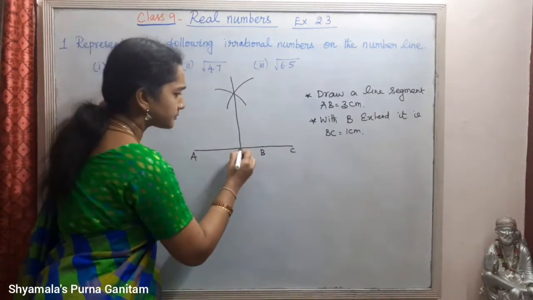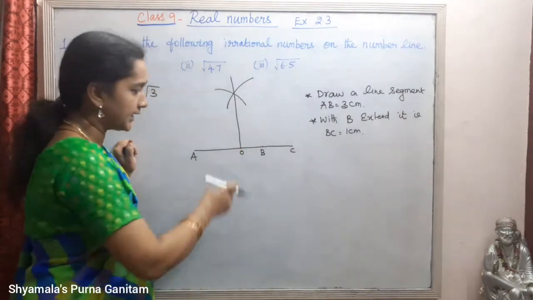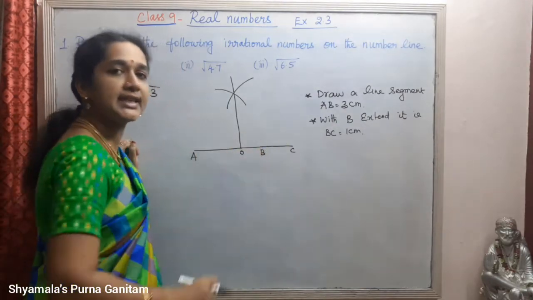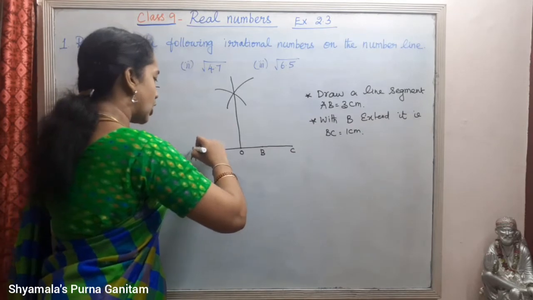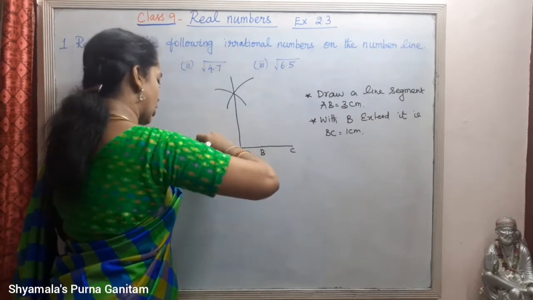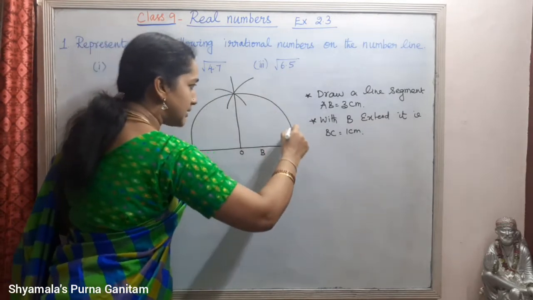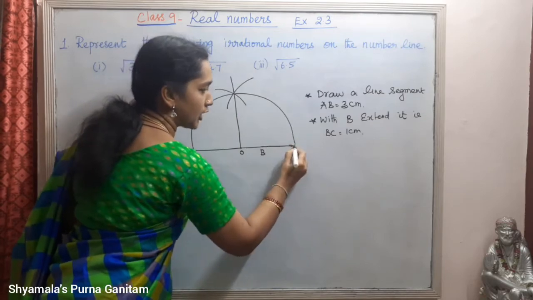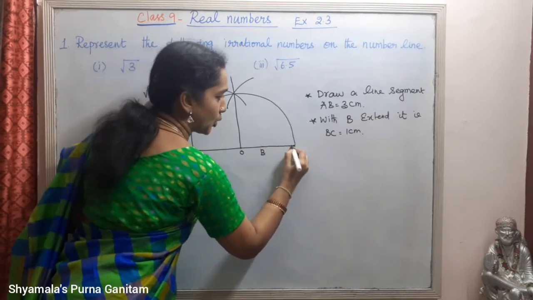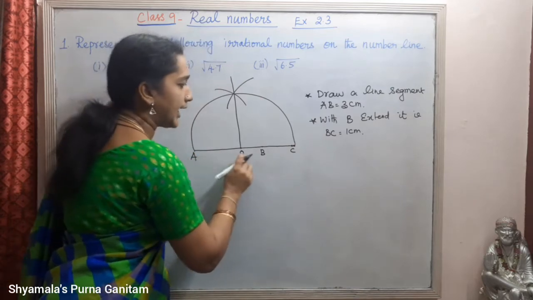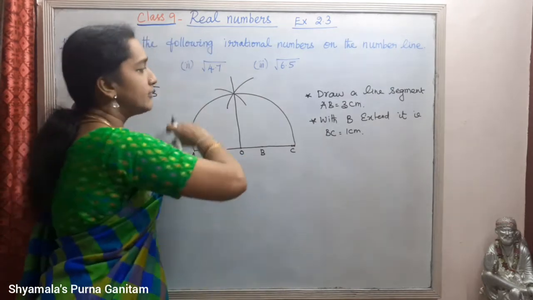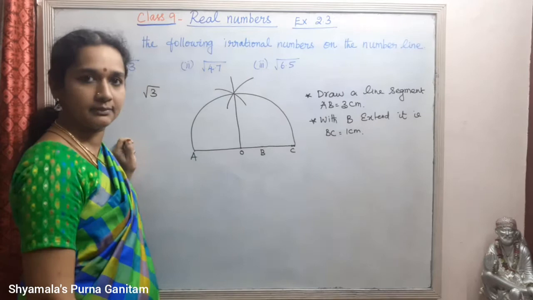Then with O as center and OA and OC as radius, we take the compass and draw a semicircle.